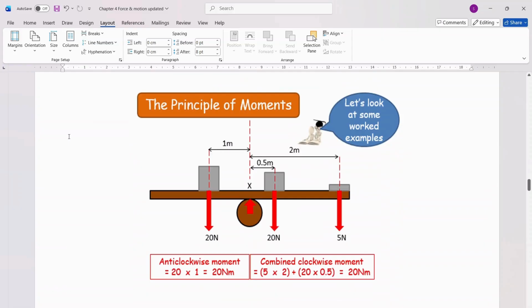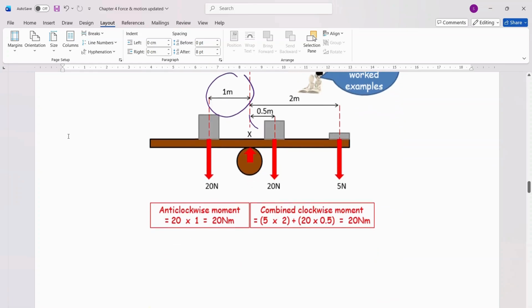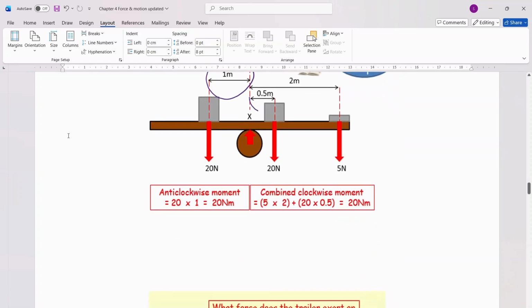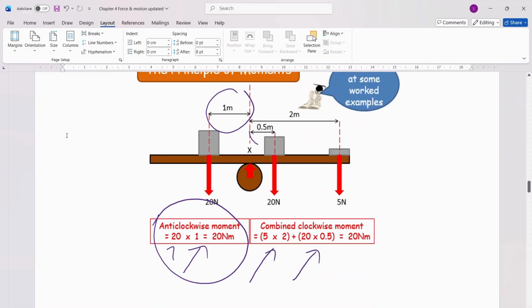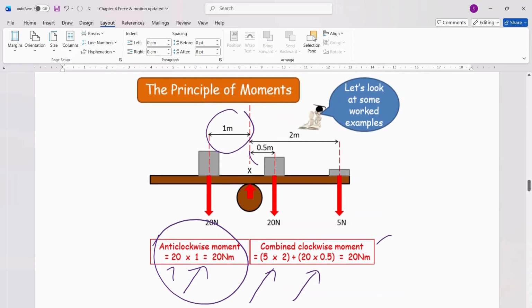We have some examples here. Similarly, we need to see the distance of an object, and the force which must be given to you. Hence, you can calculate the moment by multiplying force times distance. Here, if we want to calculate a combined clockwise moment, the first one has 5 Newton and the distance is 2 meters.